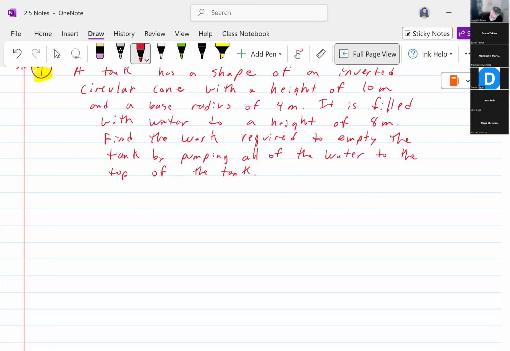Okay, let's draw a picture of an inverted circular cone with dimensions of 10 by 4. This is 4 meters. This is 10 meters.